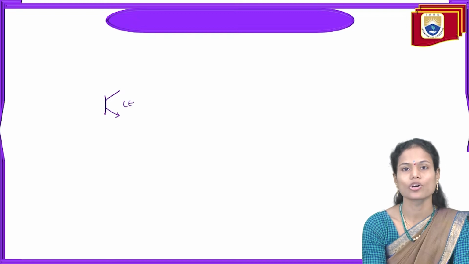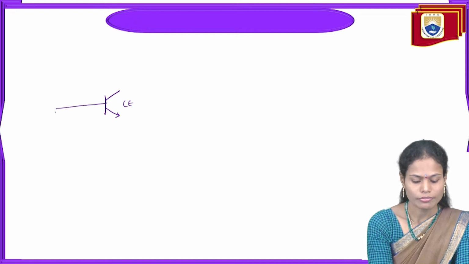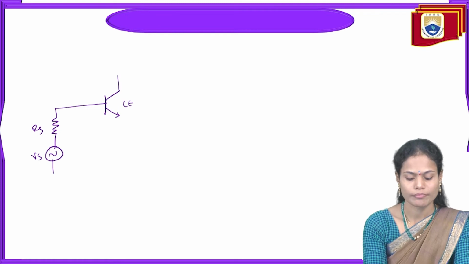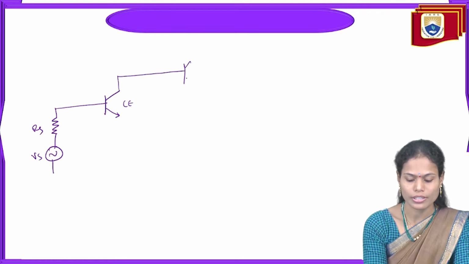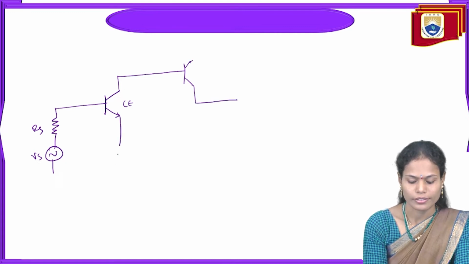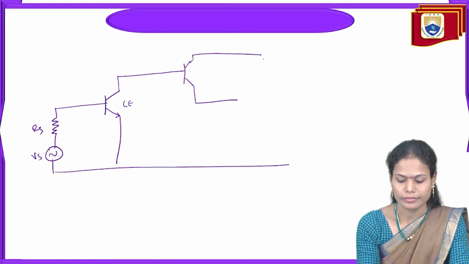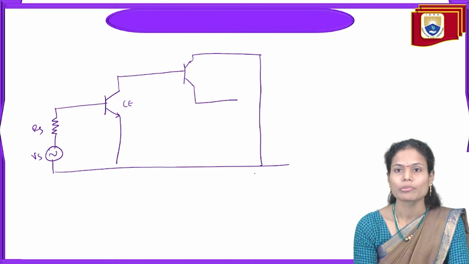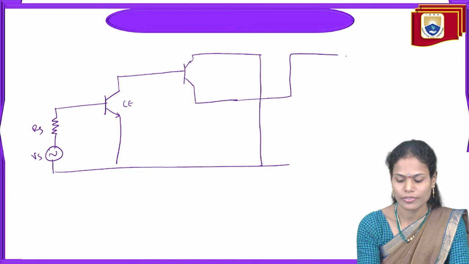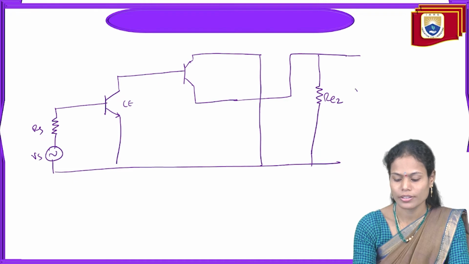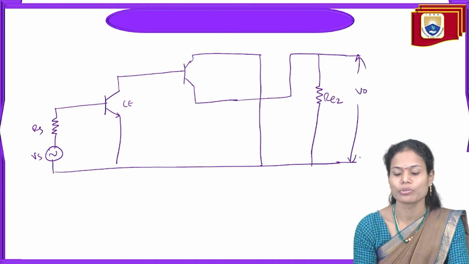Because the first stage is the common emitter stage, and for this the source resistance RS is connected, and the voltage source Vs is also connected, and the output of this one is the input of the second stage, and this is grounded here, and the collector terminal is also grounded here. For the emitter terminal, we are connecting the RE2 resistance, and here we'll measure the output voltage V0.